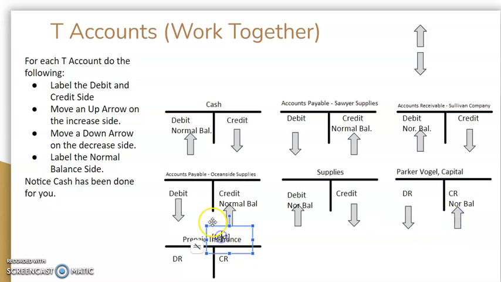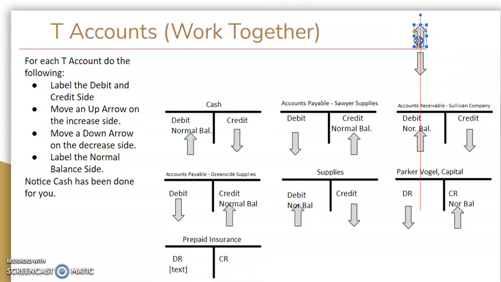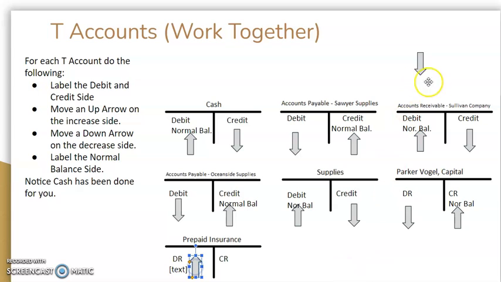And our last one, prepaid insurance. It's going to be a normal debit balance, so we'll increase on the debit side, we'll decrease on the credit side, and our normal balance will be over here underneath debit.